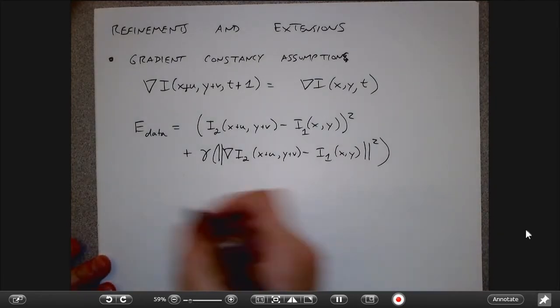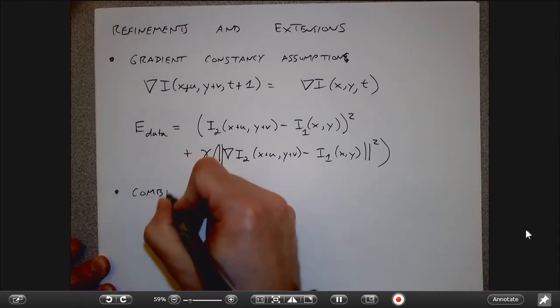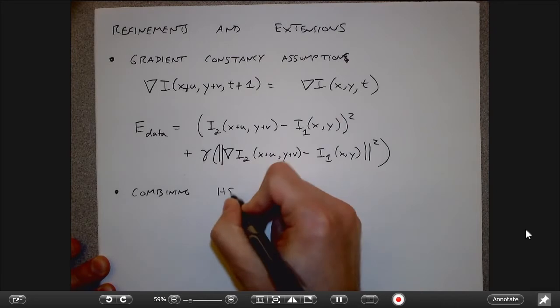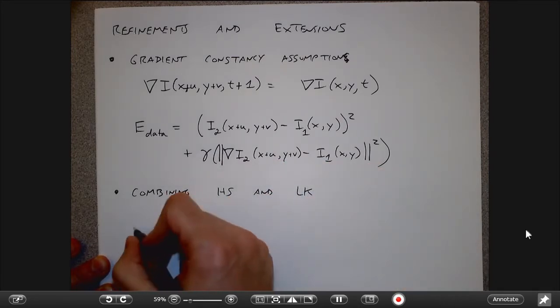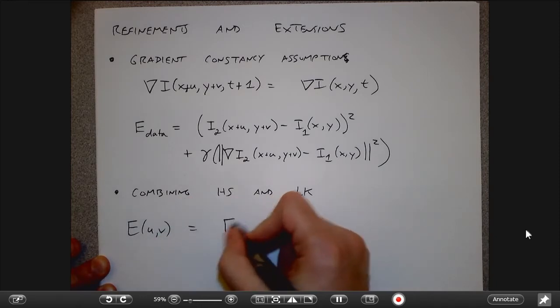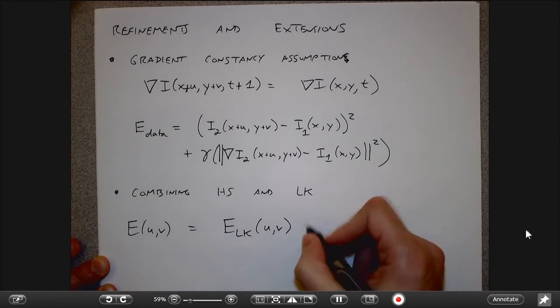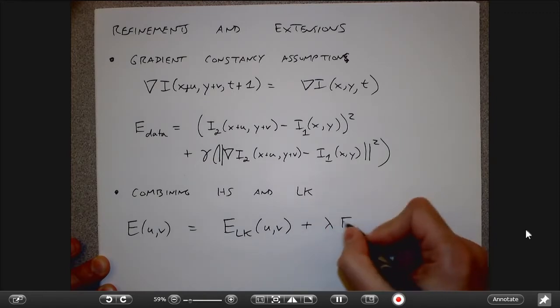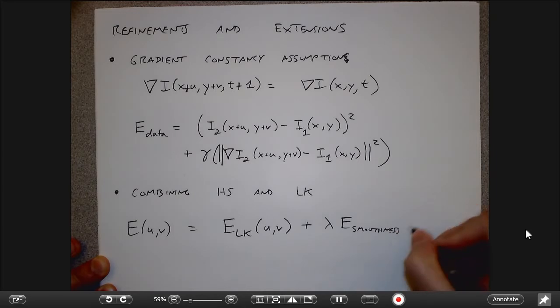Or, you can do a combining of Horn-Schunck and Lucas-Kanade, right? So what I could do is say that my cost function term is something like: I use the local Lucas-Kanade term for the data part, and then I have the Horn-Schunck term for smoothness.